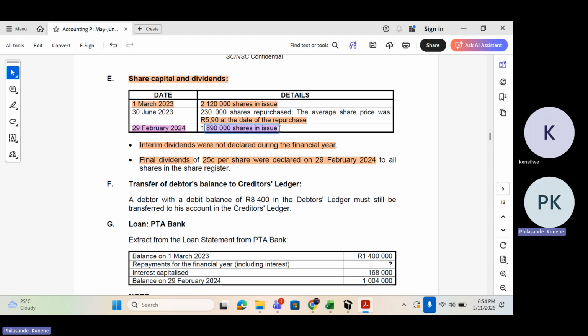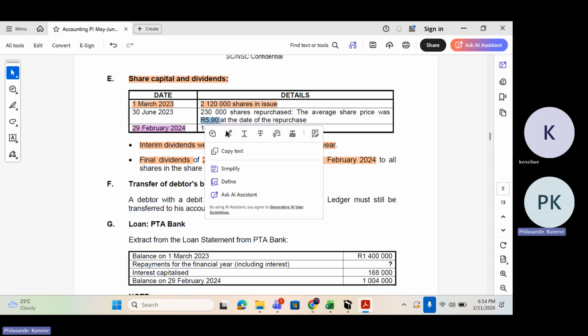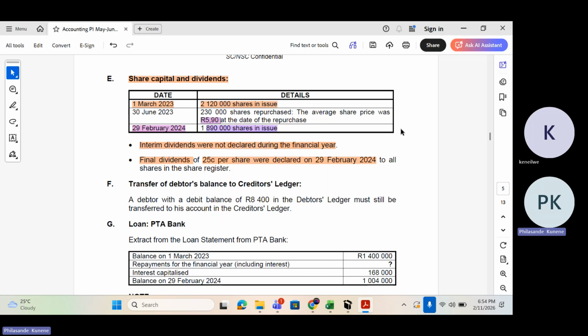We must know that the shares issued at the end are mostly issued at the average share price, 590. That's the amount that will help us get the ordinary share capital at the end, because they will not definitely tell us at how much the 1,890,000 shares were issued. But we know that the average price is the price that shares were issued at.